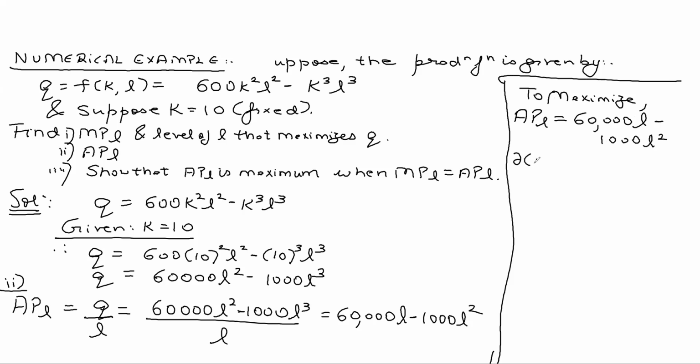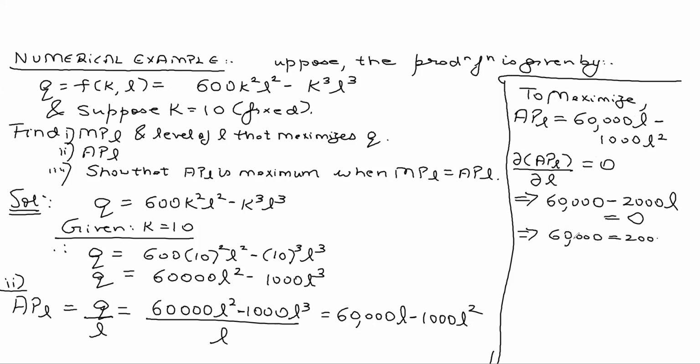We put the first order derivative del APL by del L equal to 0, which implies 60,000 minus 2000 L is equal to 0, which implies 60,000 is equal to 2000 L, which implies that L is equal to 30. L has come out equal to 30.